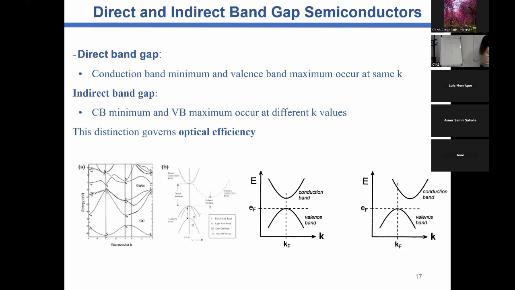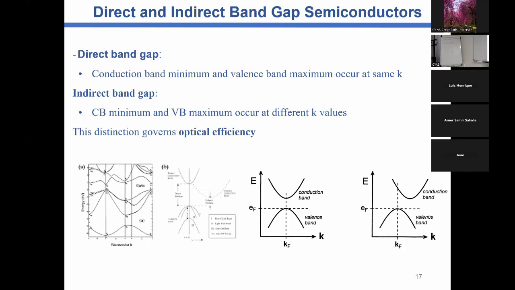If you want, for instance, to have an LED, in this transition here you can apply an electric field, fill this band, and depending on the empty states here, the carriers will recombine and emit light.